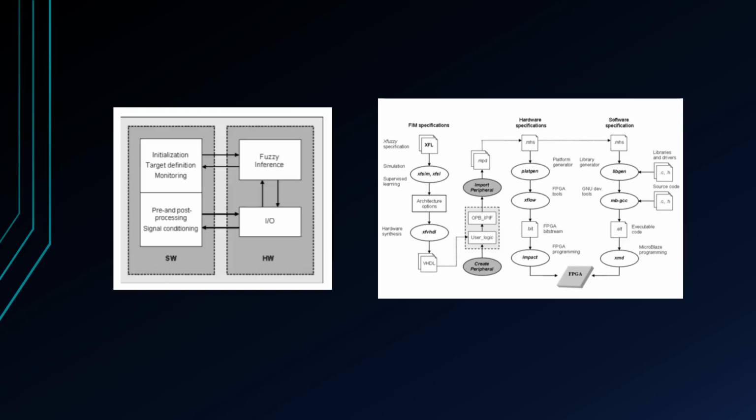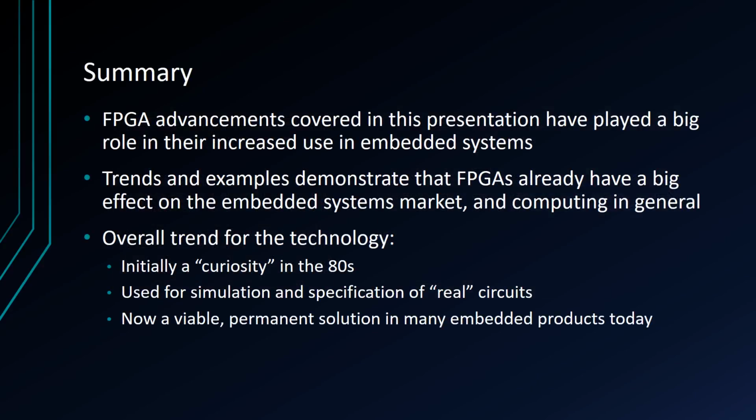On the right, you can see a complicated flowchart detailing using the XFuzzy software tool to compile the required fuzzy logic into VHDL description language, and from there send it to the FPGA for hardware synthesis. And that takes me to a conclusion and a summary of the main points I discussed.